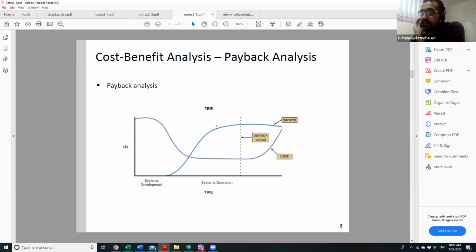Now, please look at the cost. The cost started from the top, right? The question is, why did it start from the top? Why didn't it start from zero? What do you think?